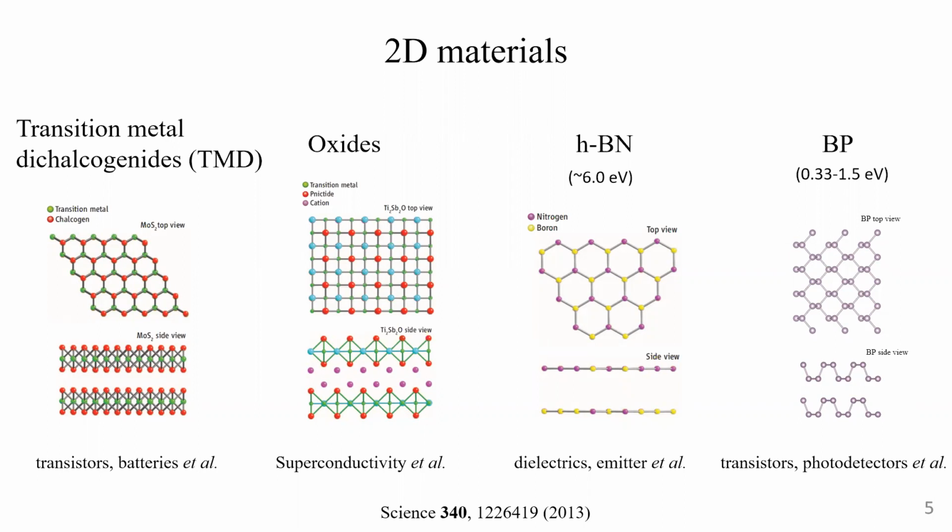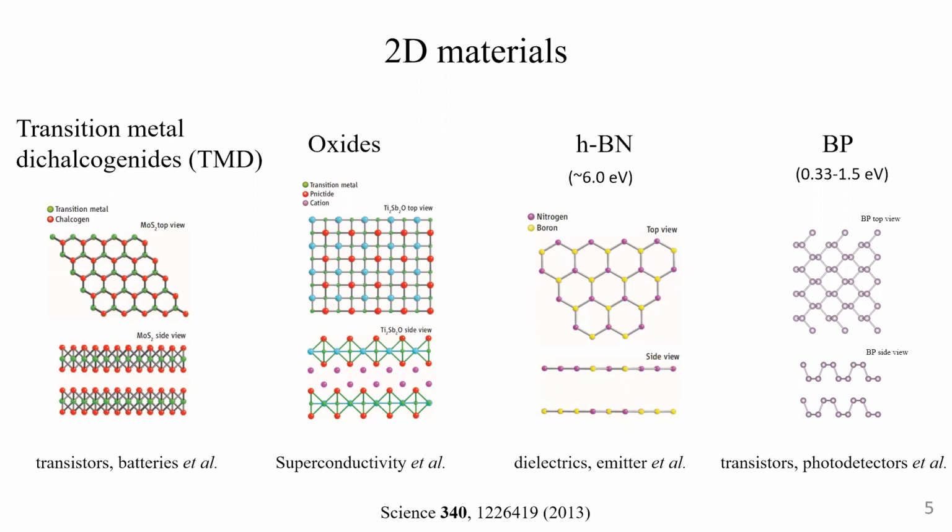Another 2D material is hexagonal boron nitride, which is an insulating material because of its large band gap, about 6 electron volt, that can be used as dielectrics of transistors and also UV light emitters.